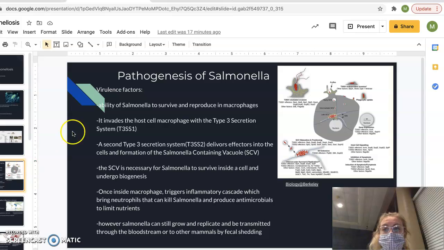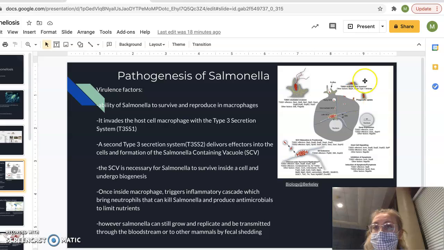So, as I said before, Salmonella is a facultative anaerobe, and it's able to survive and reproduce in macrophages. With the help of type 3 secretion system 1, it's able to invade the host cell, going through T3SS1-mediated invasion, as seen here in the ruffles.